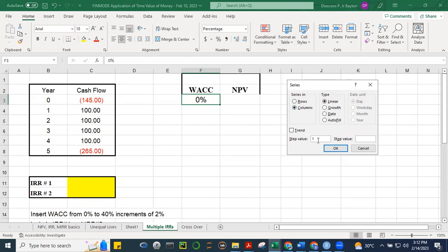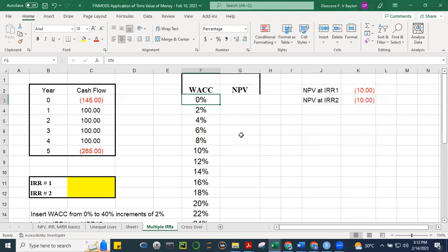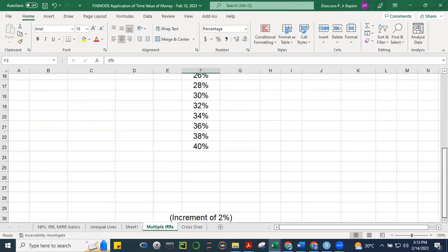The step value is, let's say, 2%, and the stop value is 40%. So we would like to create a series of numbers where the weighted average cost of capital ranges from 0% up to 40% in increments of 2%. Okay, so it now created this series from 0% to 40%.